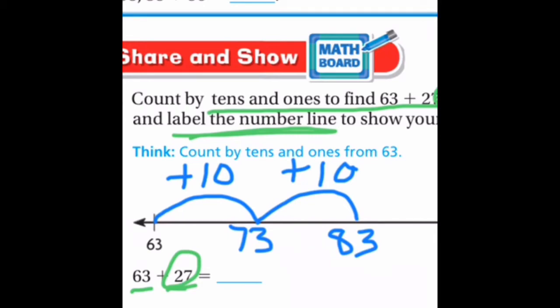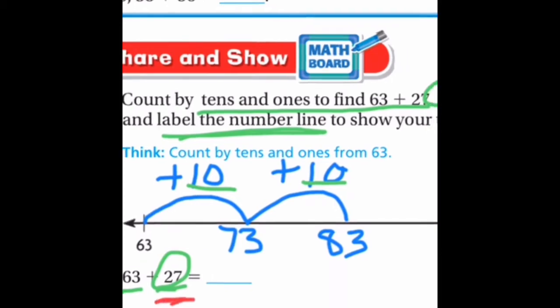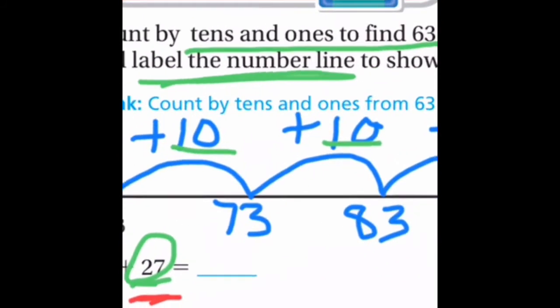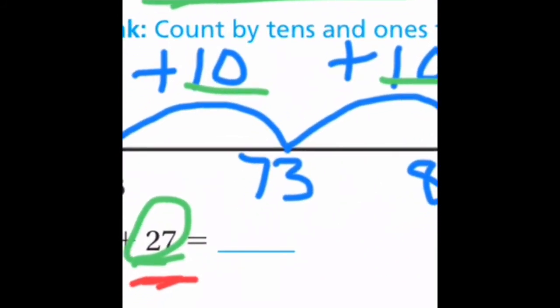So again, I've jumped 10 and plus 10, that's 20 out of my 27. So I only have 7 left. I'm going to jump that 7. 83 plus 7 is 90. So 63 plus 27 equals 90.